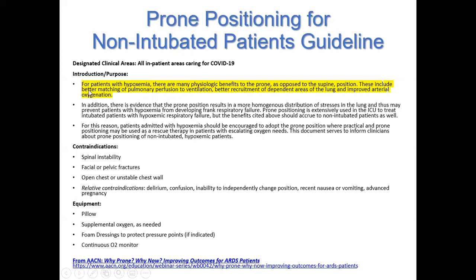So these include better matching of pulmonary perfusion to ventilation, better recruitment of dorsal areas of the lungs, and improved arterial oxygenation. In addition, there is evidence that the prone position results in a more homogeneous distribution of stress in the lungs, and thus can prevent patients with hypoxemia from developing lung respiratory failure.